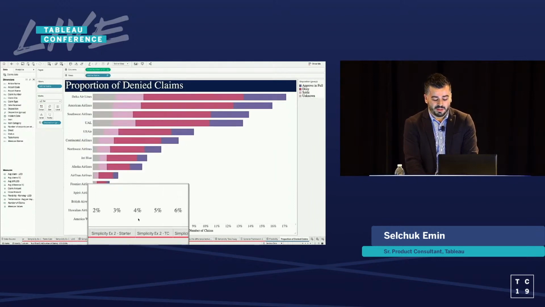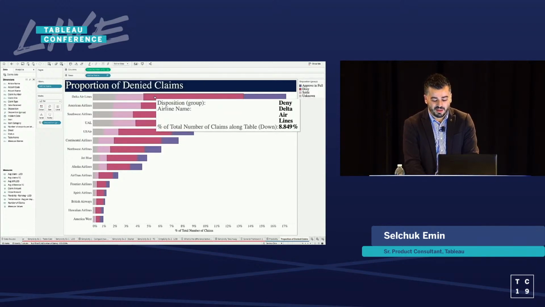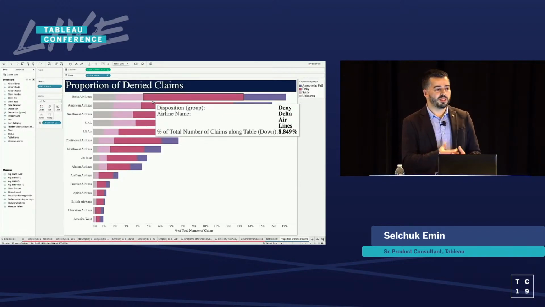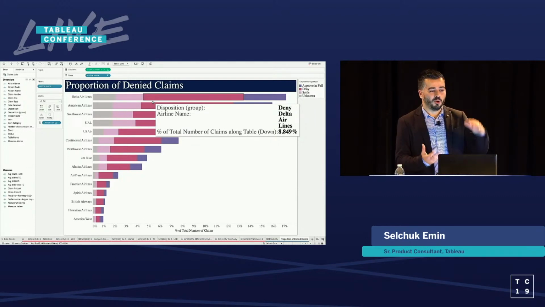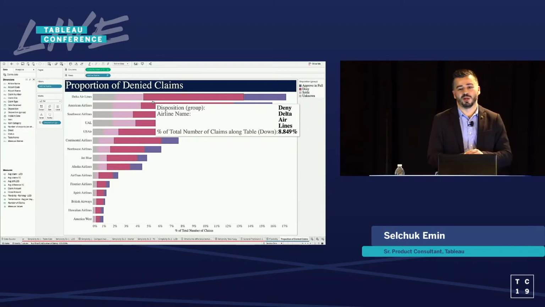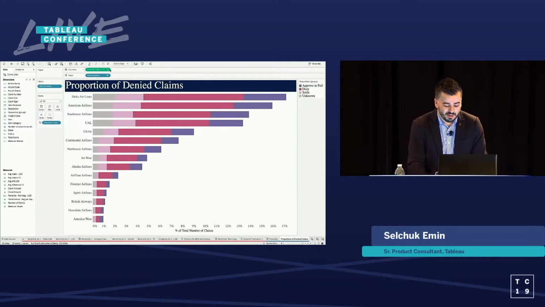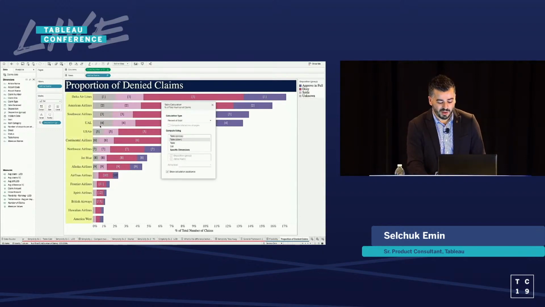In this case, I want to use percent of total, and I'll just select it. Immediately, my axis becomes percentages, and if I hover over, I will see some small percentages. And you can guess what happened. Tableau took all the data, not the claims per airline but total claims, to calculate the percent of total. So we need to adjust the calculation.